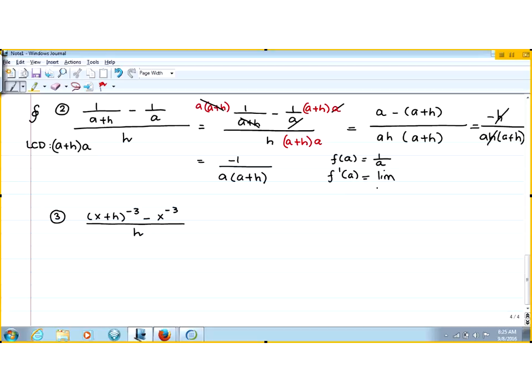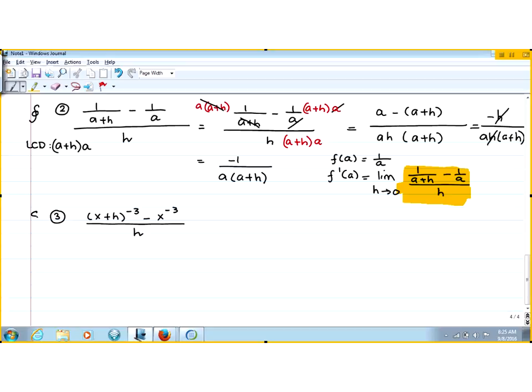You take the limit as h goes to 0 of 1 over a plus h minus 1 over a, divided by h. What we're calculating right now is this part, but this is how it relates to calculus. You'll see this. Don't worry.